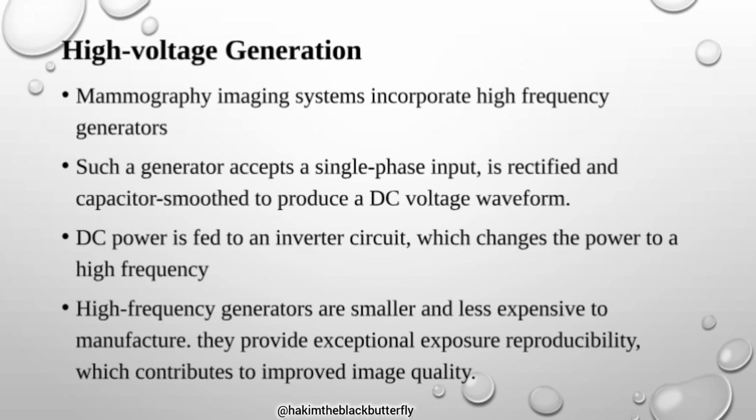The DC power is fed to an inverter circuit, which changes the power to high frequency, and the high frequency generators are smaller and less expensive to manufacture. So they provide exceptional exposure reproducibility. Remember when I told you that they are small, light, inexpensive to manufacture, and then they normally come within the protective housing. You may not even see it.